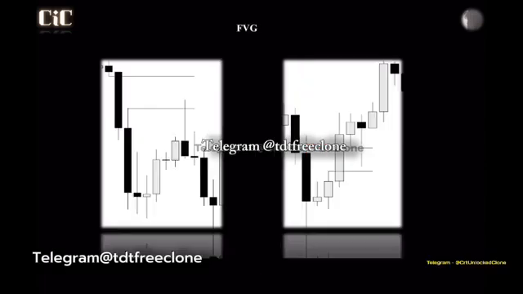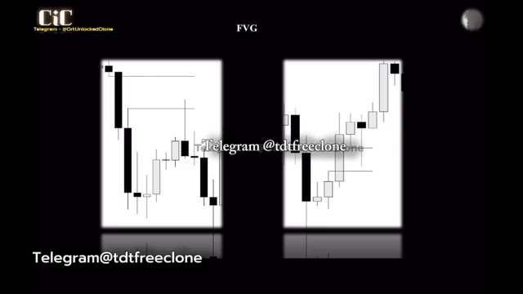FVG. An FVG is a 3-candle pattern which indicates one-sided heaviness in any given market, right? Which means the market makers are pushing price lower so quickly, and they're in such a hurry to go down to attack a certain target, that they're leaving these gaps in the market.